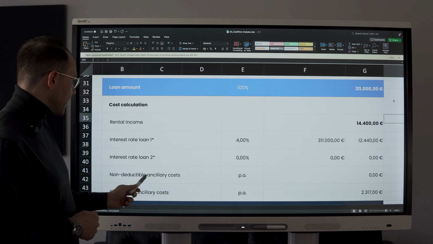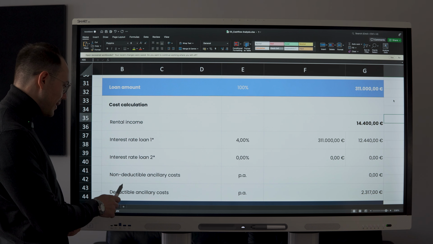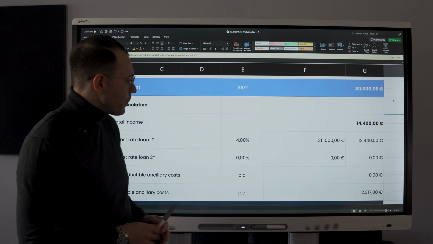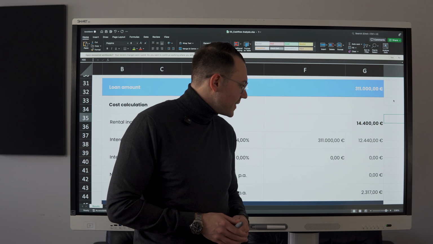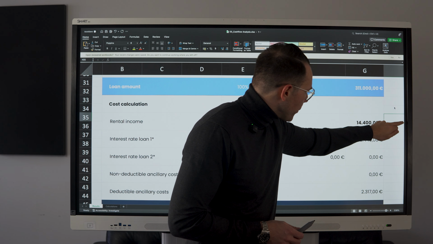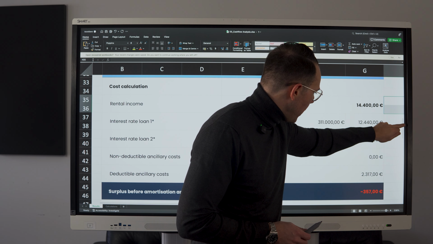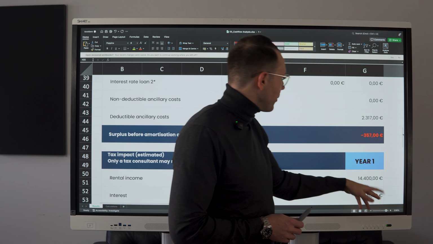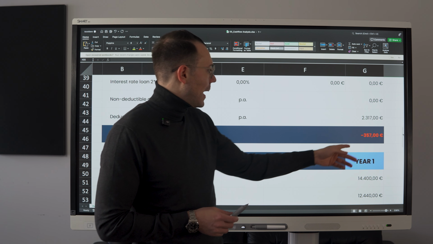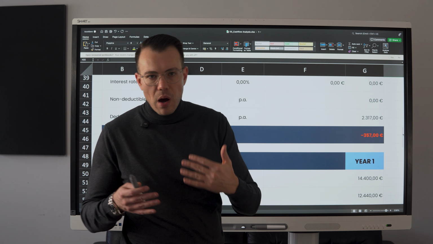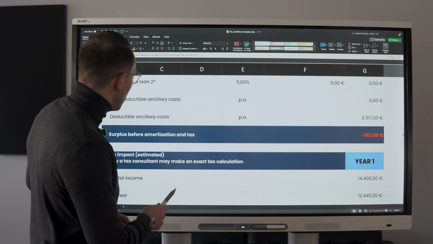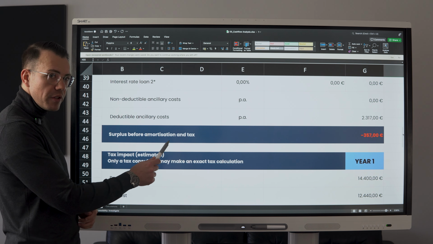Then non-deductible ancillary costs not included, and deductible ancillary costs, tax deductible, would be 2,317, for example, property management. So we see it would be an additional payment of 357 euros annually that you have to pay out of your own pocket after the rent that you receive, but before the amortization and the tax refunds.